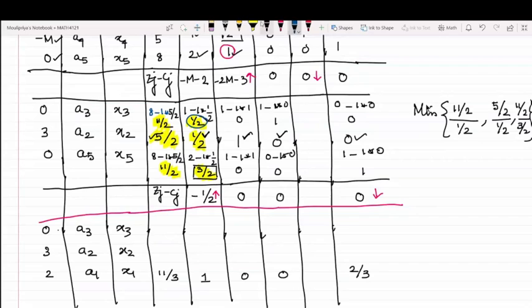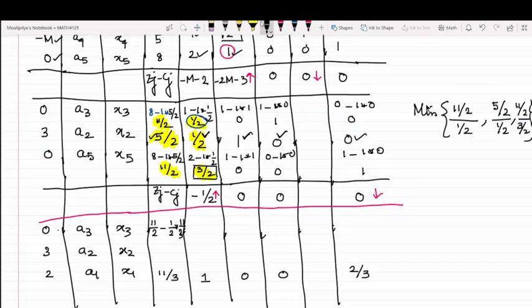It was initially 11/2 minus half into what we got, that is 11/3, I'm sorry, 11/3.